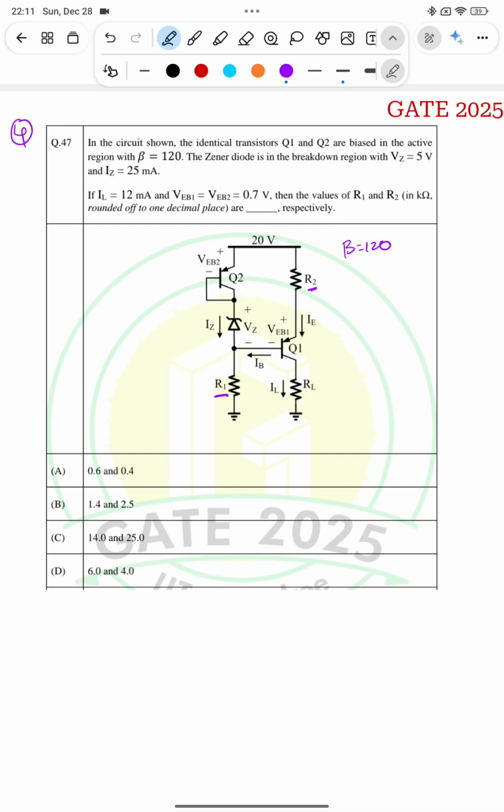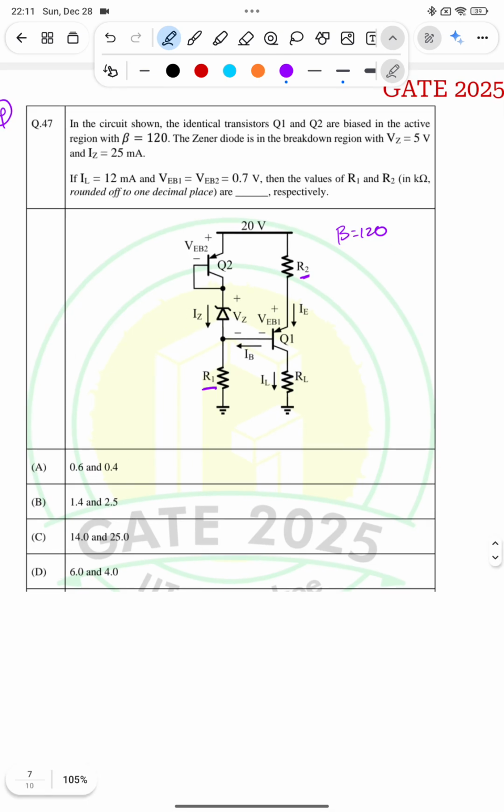If we carefully check here, the base of transistor Q2 is connected to the collector, right? So this node and this node are the same.